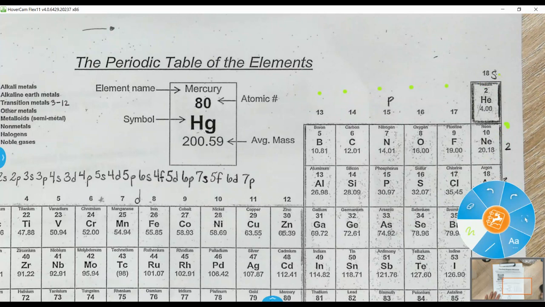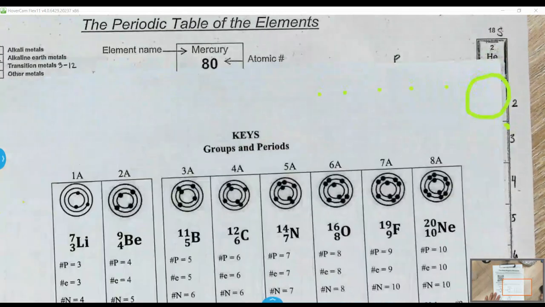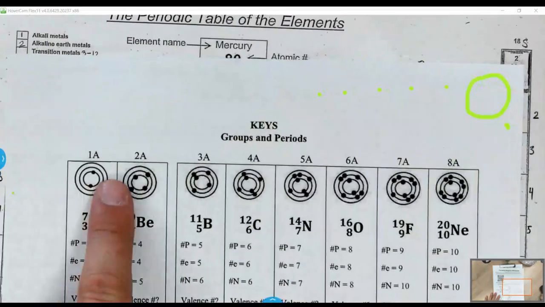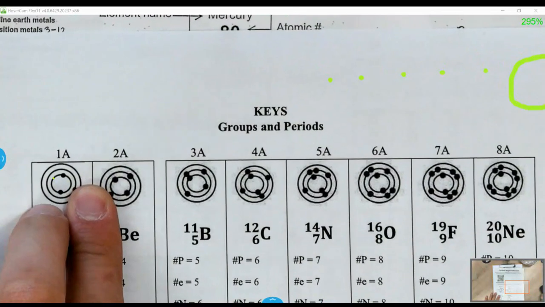There's one exception, and that would be helium. Helium only has 2. Why? Well, it only has 2 electrons. So when you go to fill the actual diagram, if we just block that up, that would be essentially helium.